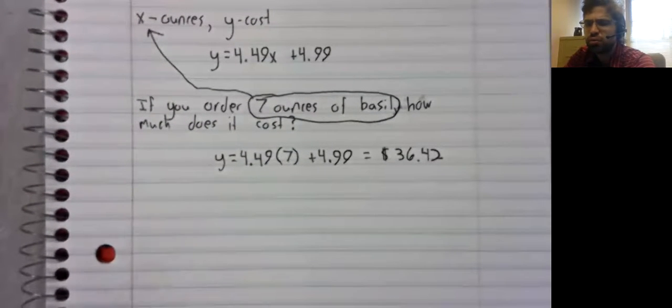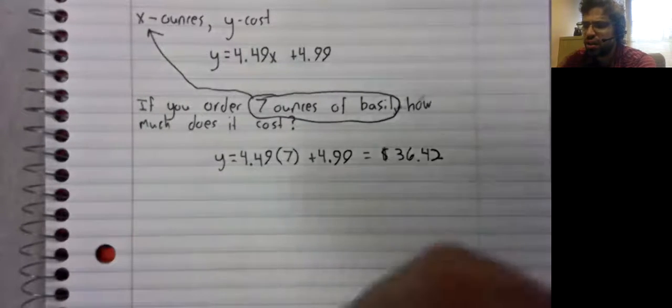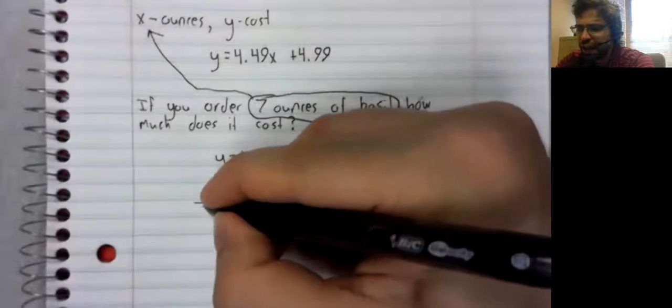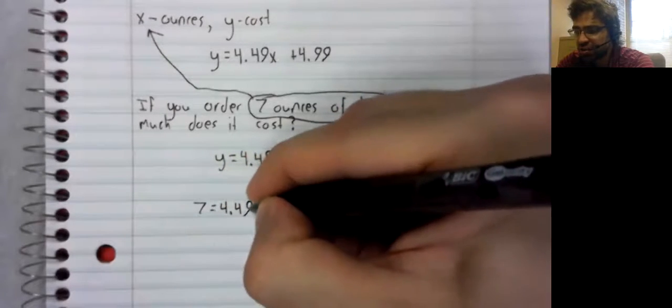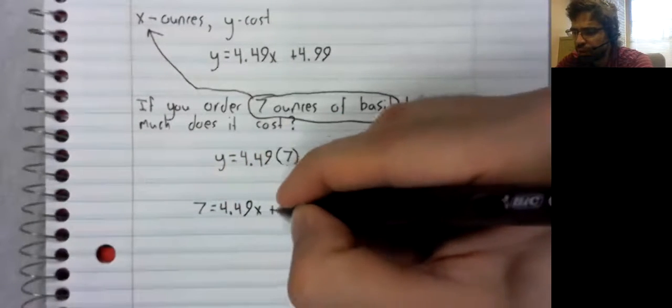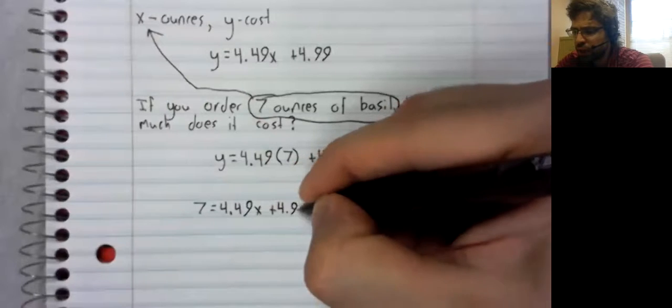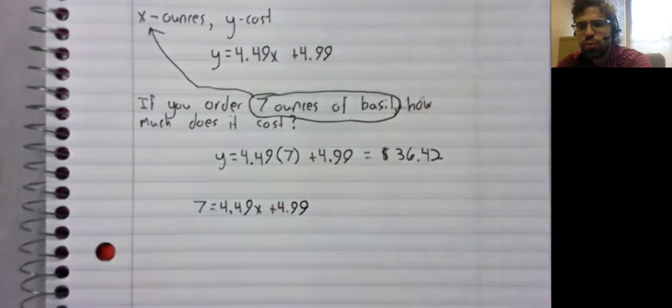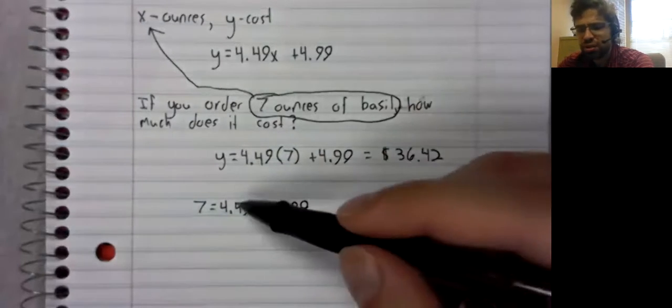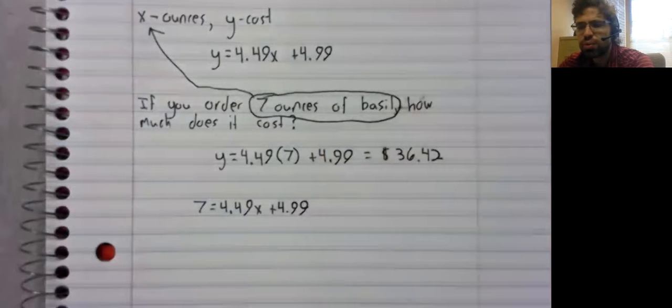So a student will see something like this, see the 7, they've done examples like that last example, where you set the linear expression equal to things, and without giving it a lot of thought, they'll set the linear expression equal to 7.